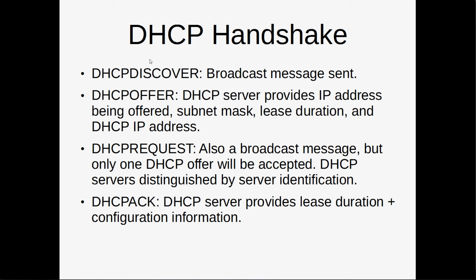Then the second step is DHCP Offer. This is a step in which one or more DHCP servers provide an IP address being offered, a subnet mask, a lease duration, and a DHCP IP address. As I said, more than one DHCP server can complete this step.